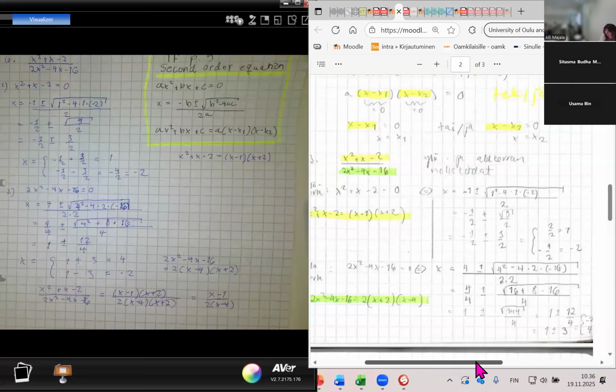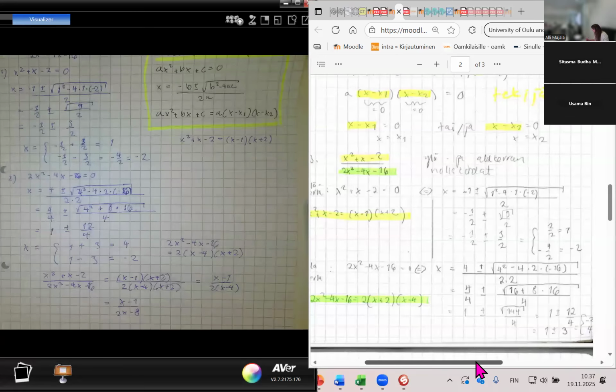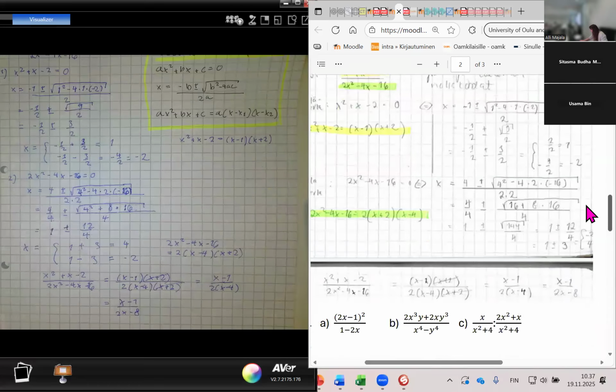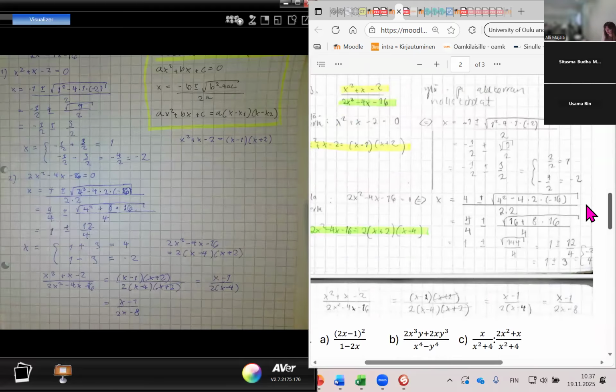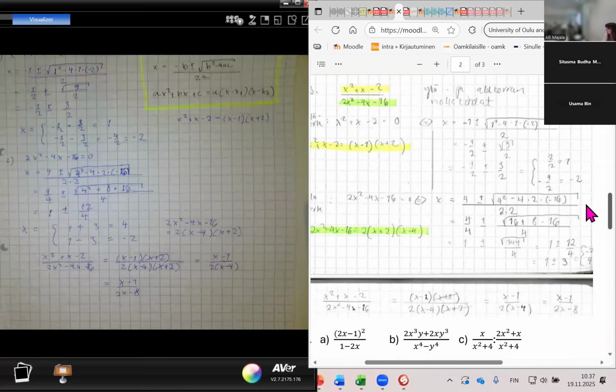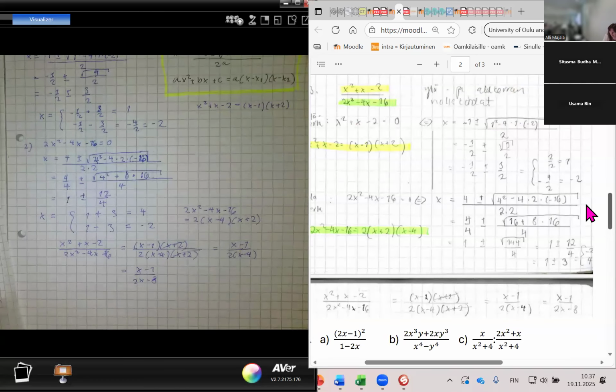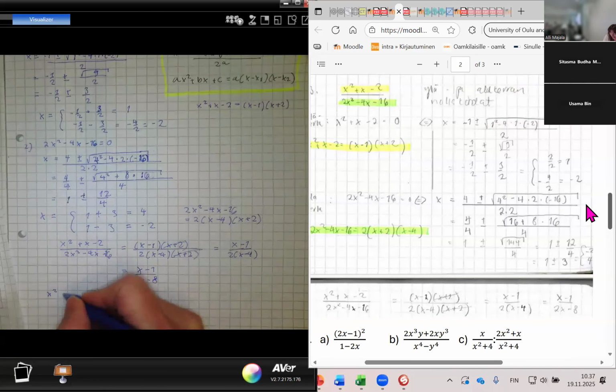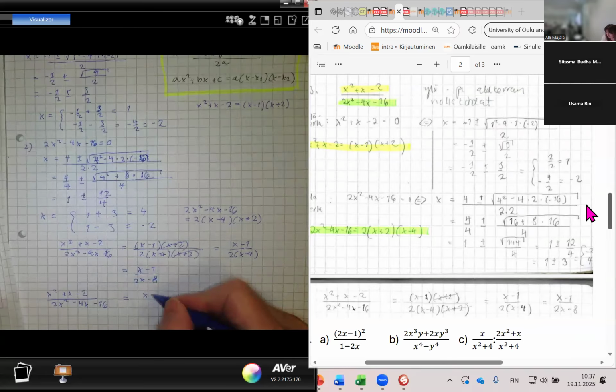Okay, I can still rewrite it. x minus 1 and 2x minus 8, for example, as well. I think I got to the correct result. Yes, it looks good. So I managed to do a really big deed here today in my engineering studies, and I managed to modify this kind of expression into this.